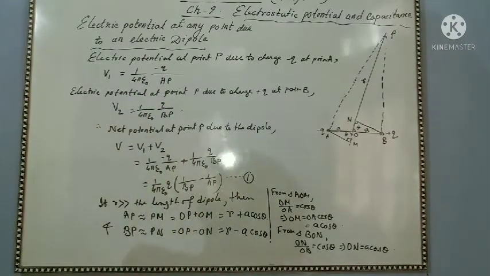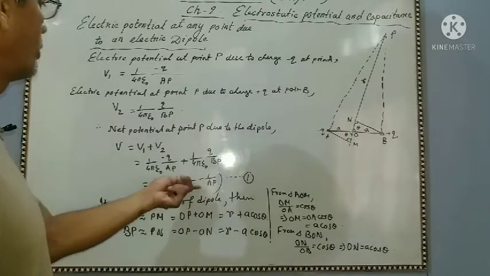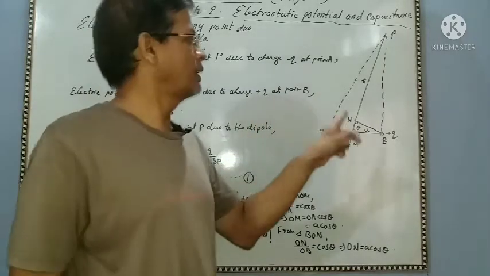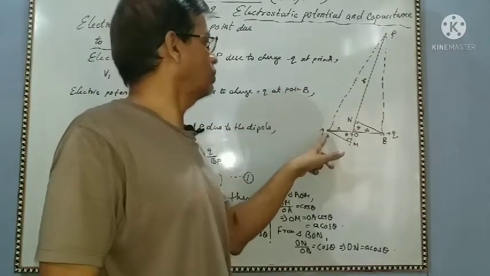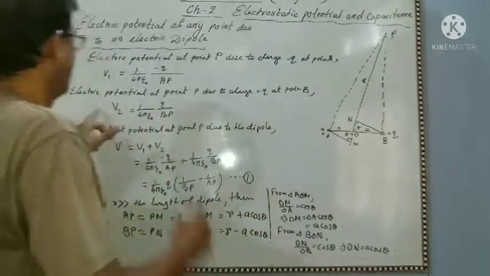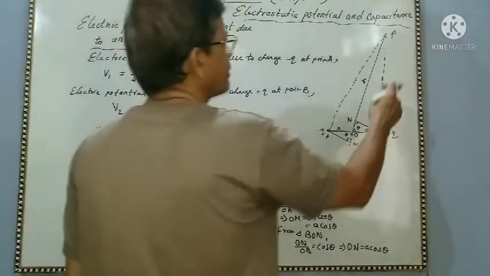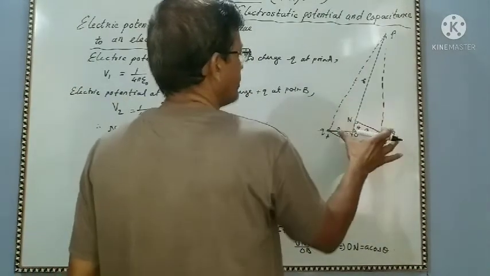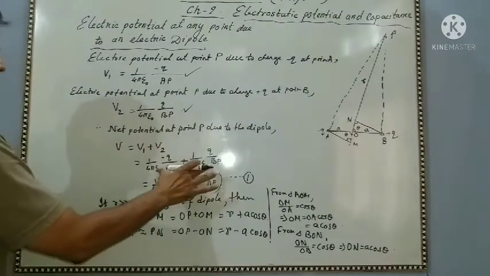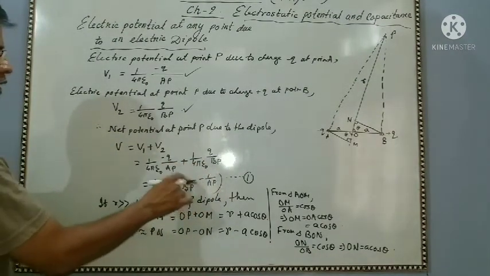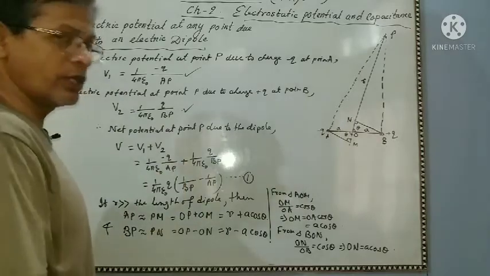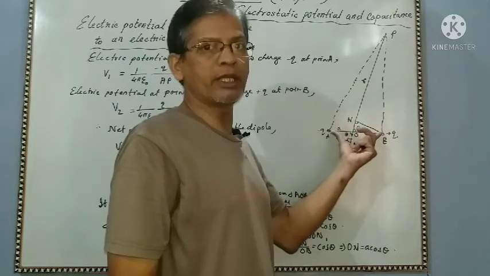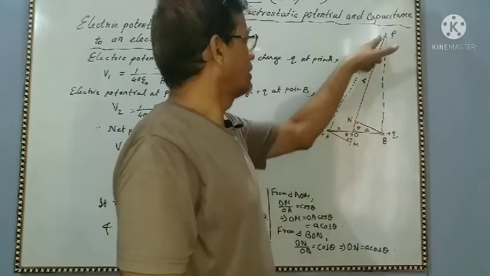Now our aim is to put these two values in equation 1. First, we have written the potential at point P due to charge minus q, and the potential at point P due to charge plus q. The net potential at point P is the addition of these two. For BP and AP, we said that if r is very much greater than the length of the dipole, then these distances are nearly equal.